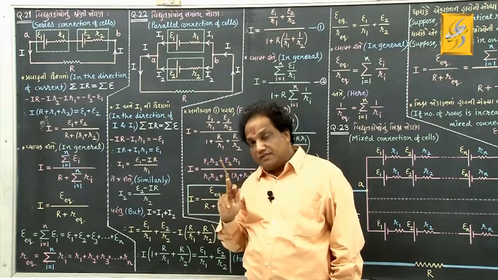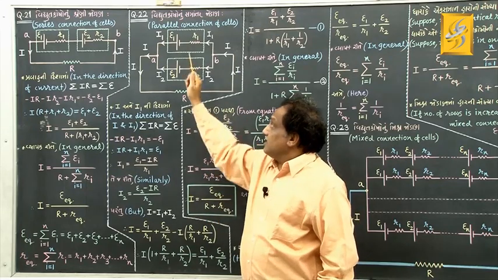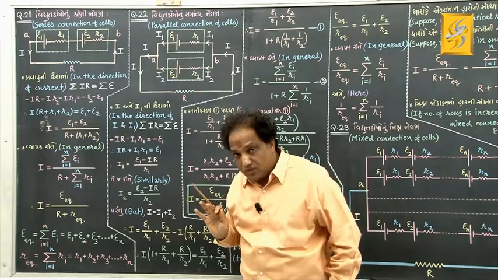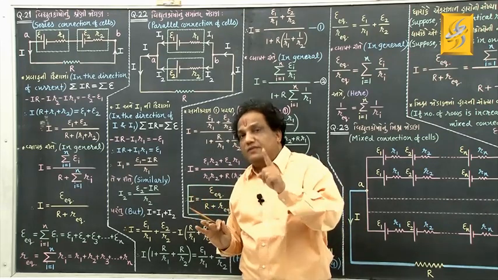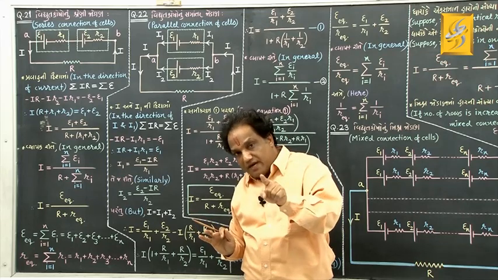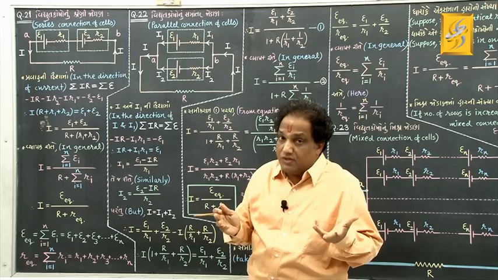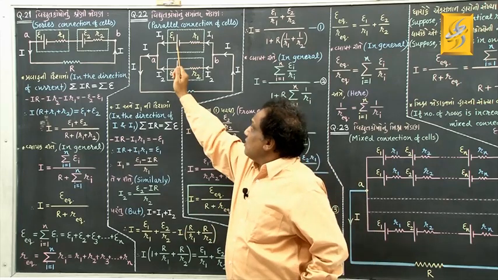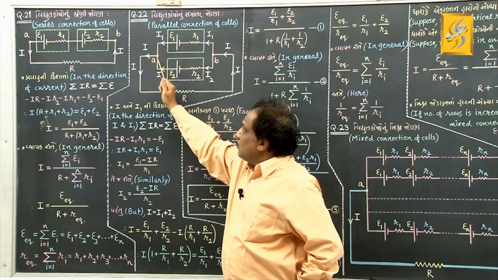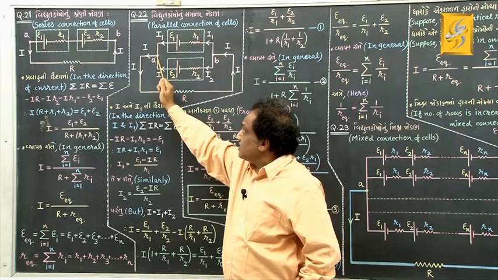Now here I would like to make one point very clear, whether it is informed to you or not: you must understand in case of parallel connection of cells, the connection is made in an opposing manner. Then you may ask, why opposing manner? I am showing you. This positive terminal is connected with point A, correct? This positive terminal is also connected to the same point.